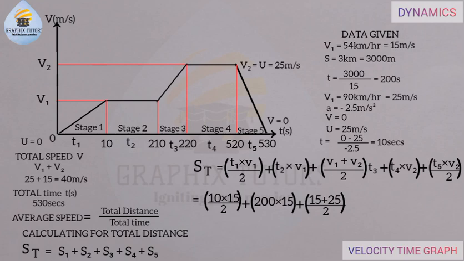T3 is the difference of 220 and 210, that gives us 10, right?